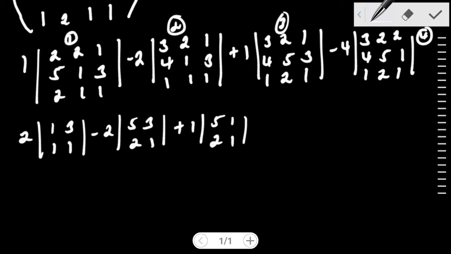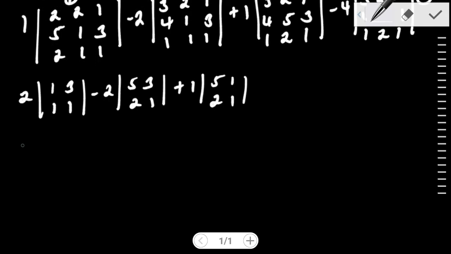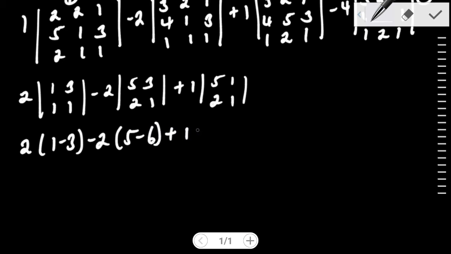So I have 2 into 1 minus 3, minus 2 into 5 minus 6, plus 1 into 5 minus 2.